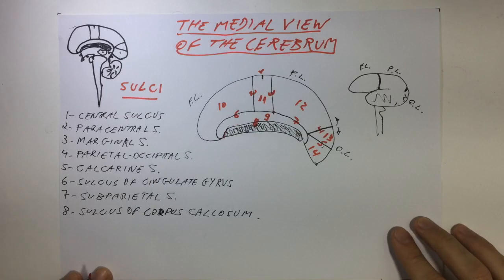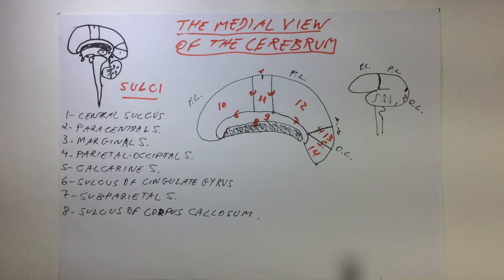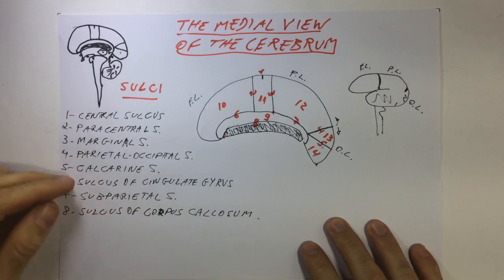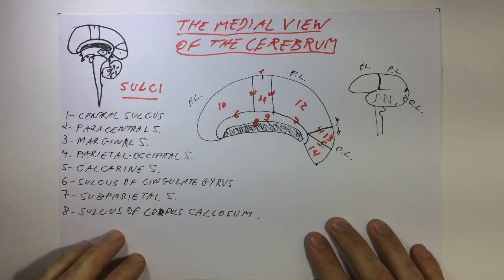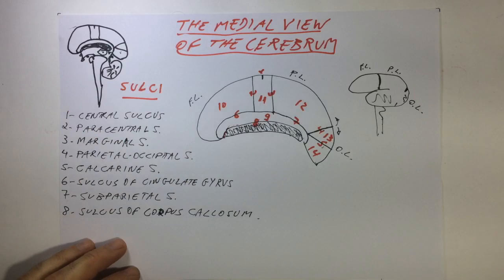And that's it. Actually, this view is quite simple. Some of the terms are kind of complicated to learn because they are different, but once you get used to them, it's not a big deal.